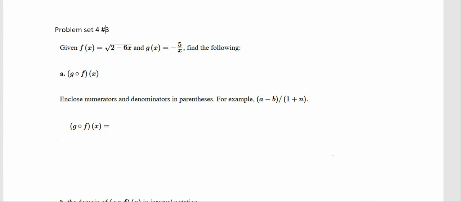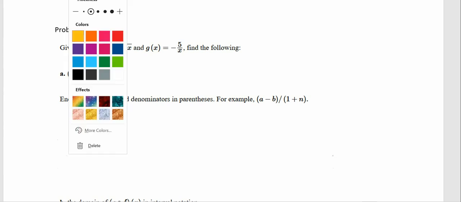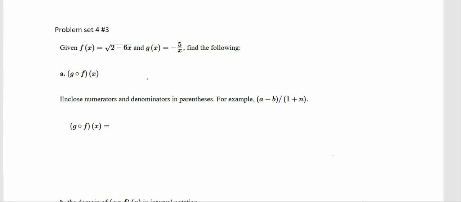Keep in mind notationally, this would be the same as g of f of x, where we would substitute f of x into x for g. So wherever this x is in g, f of x has to go in its place. So this composite function would look like this.